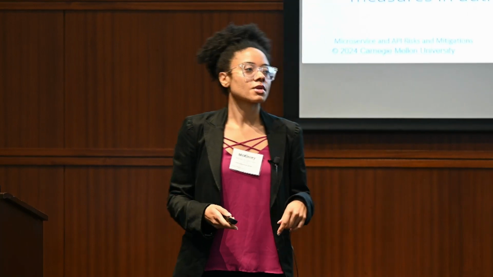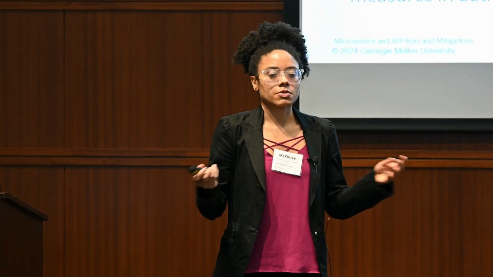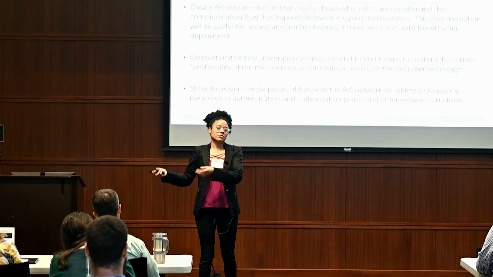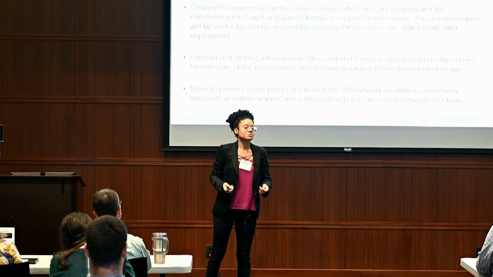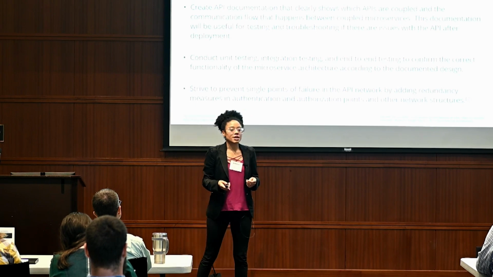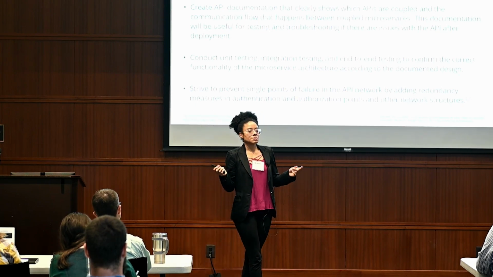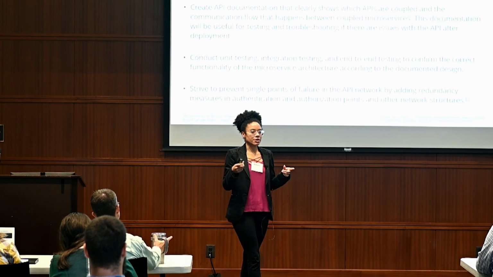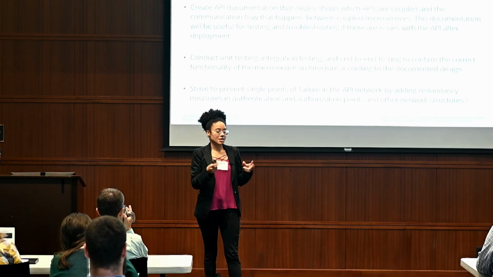Temporal coupling is probably what you would think of when you think of loose coupling or cascading failures, which is when one microservice has to make a synchronous call to another one, that has to make a synchronous call to another one, and if one goes down, the entire chain goes down. And implementational coupling, an example of this one would be if you have two microservices that share a database.